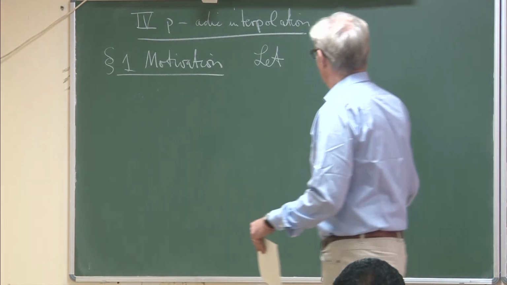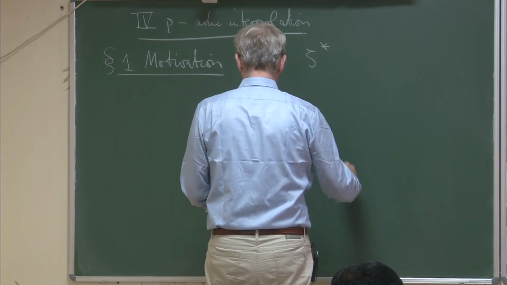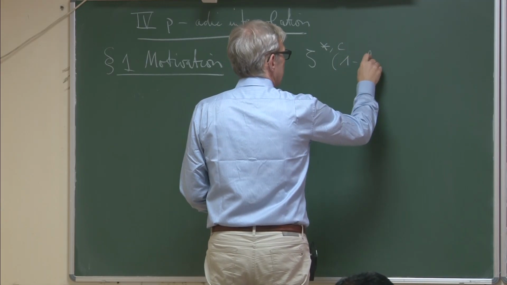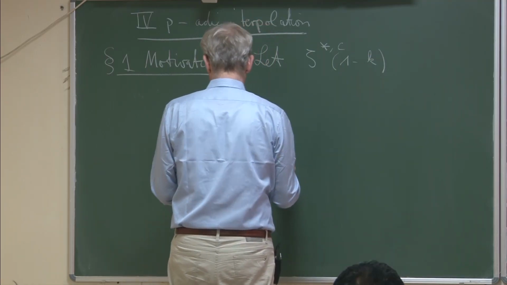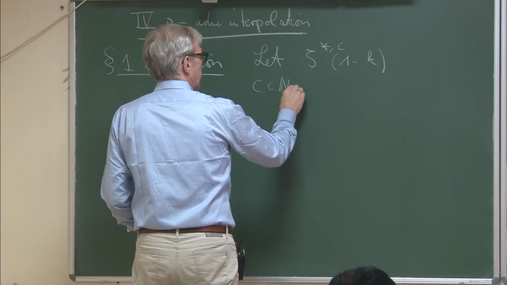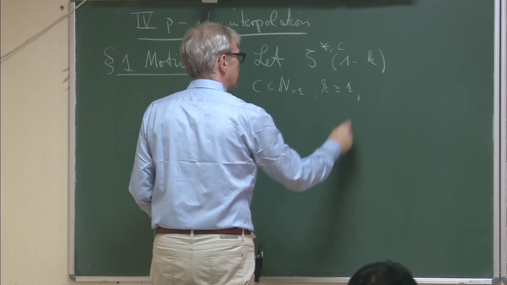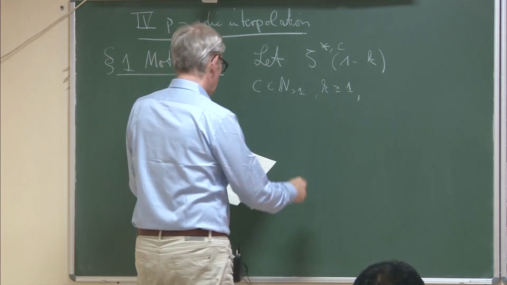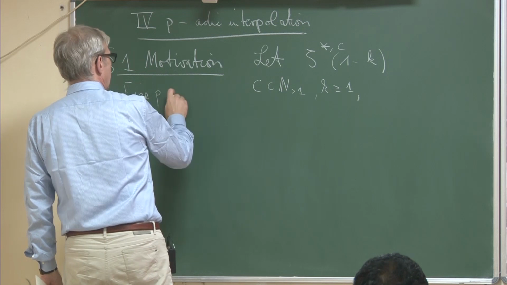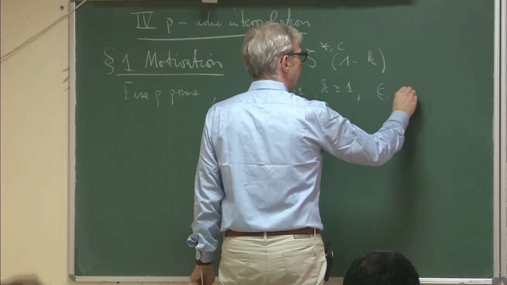So we consider the following. We modify a little bit the value of the Riemann zeta function at 1 minus k. So C is an integer bigger than 1, and k is also an integer bigger or equal to 1, and we fix a prime p, and C should also be coprime to p.